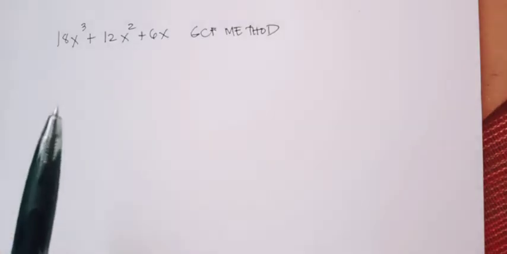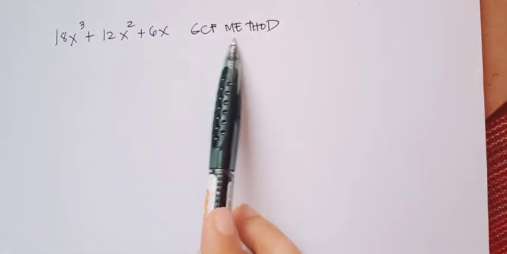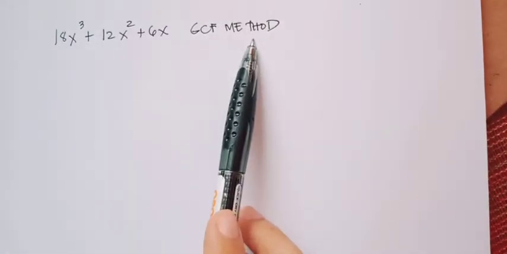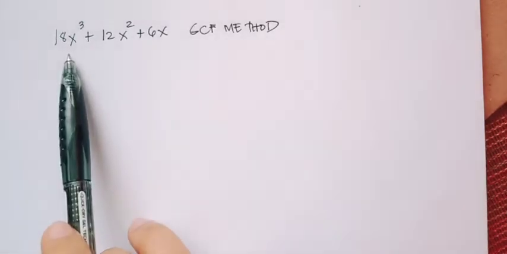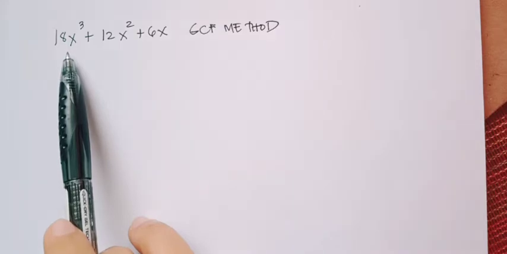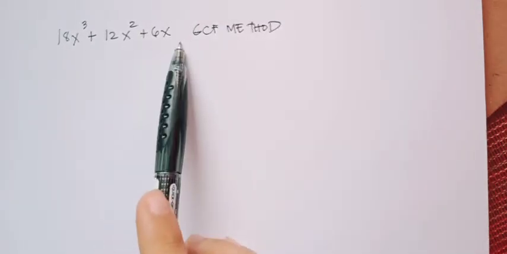So now we have here an example, 8x cubed plus 12x squared plus 6x. We will be going to use the GCF method, or the greatest common factor method. First thing we do, we will look for a number that divides 8x cubed, 12x squared, and 6x.